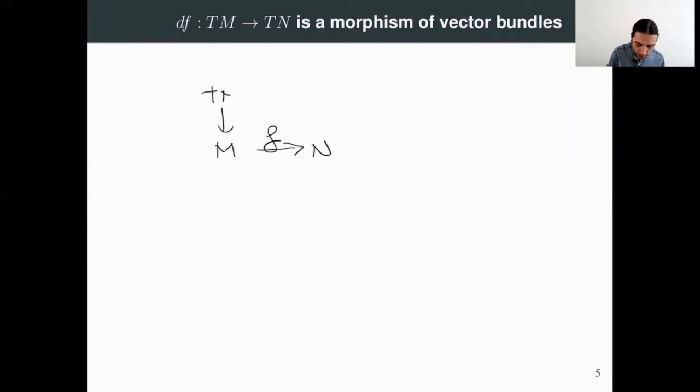And here we have the natural projection associated to the tangent fiber bundle. And here the same for the tangent space of N. And we can consider over here the differential. This diagram is commutative, so the differential of F is a fiber map.